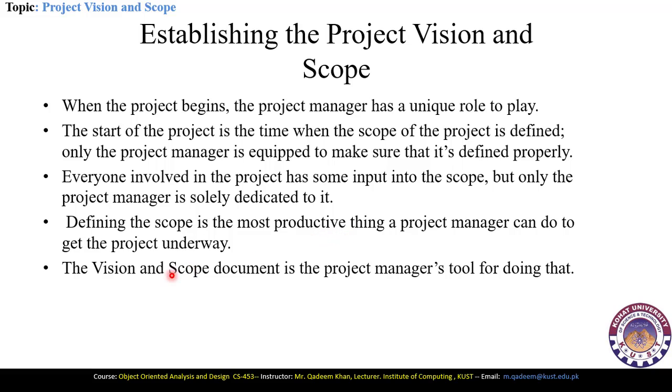Now, the vision and scope document is the project manager's tool for doing that. It means that here the project manager writes a cohesive, concise and complete document which defines the scope and vision of the project.